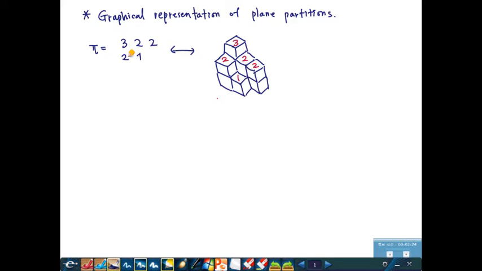Basically we arranged boxes in this XYZ coordinate, the positive octant. I first put boxes here, and then another one here, another one here for this first stack, and so on.